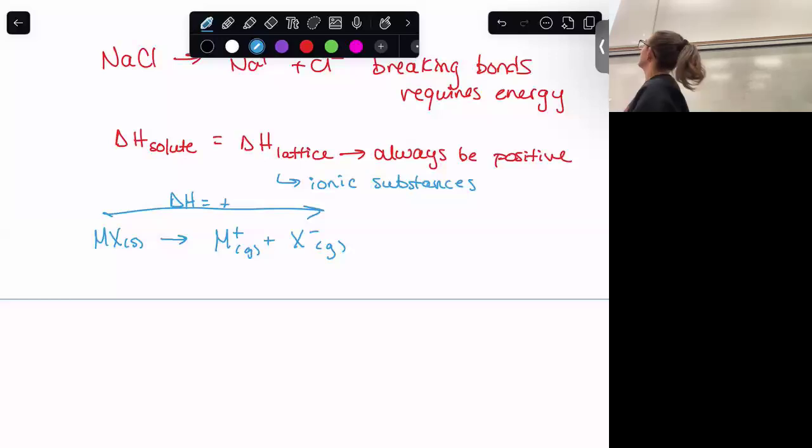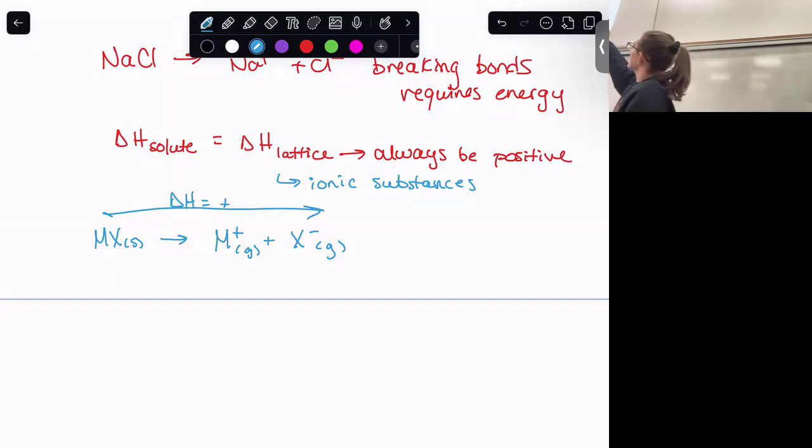You have to put in energy at the start of your reaction in order to break those apart. So does that equation represent breaking bonds? That equation is the lattice energy. That's the lattice energy.